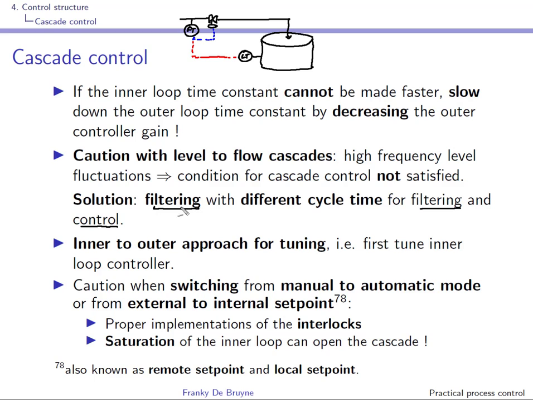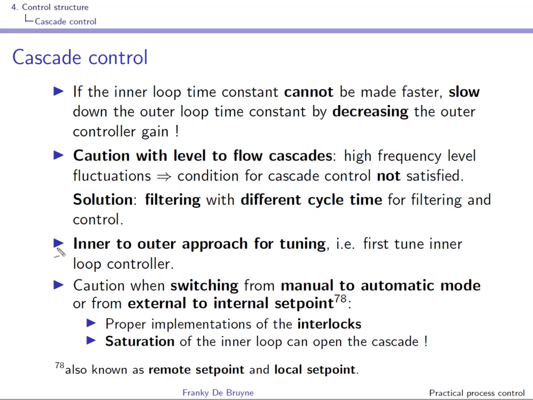Okay, once you have filtered the level, at the output of the controller you will no longer have this high frequency content sent here to the flow controller. Remember that the process that the outer controller sees is the inner loop followed by the outer process.